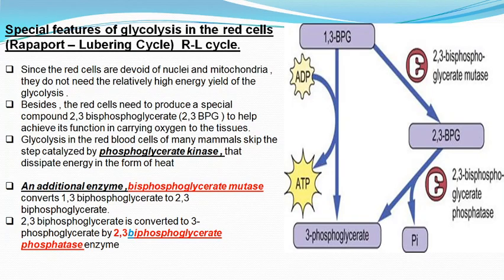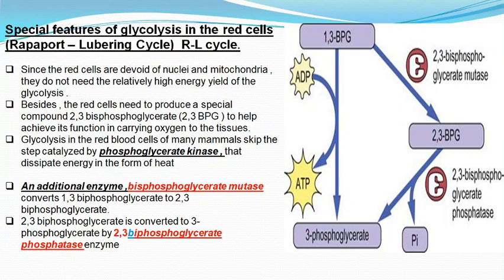Another pathway in the process of glycolysis in the red blood cells is a side way from the conversion of 1,3-bisphosphoglycerate into 3-phosphoglycerate. Such a side pathway we call the Rapoport-Luebering cycle. By this cycle, 1,3-bisphosphoglycerate is converted to a very important molecule for the red blood cells to function.